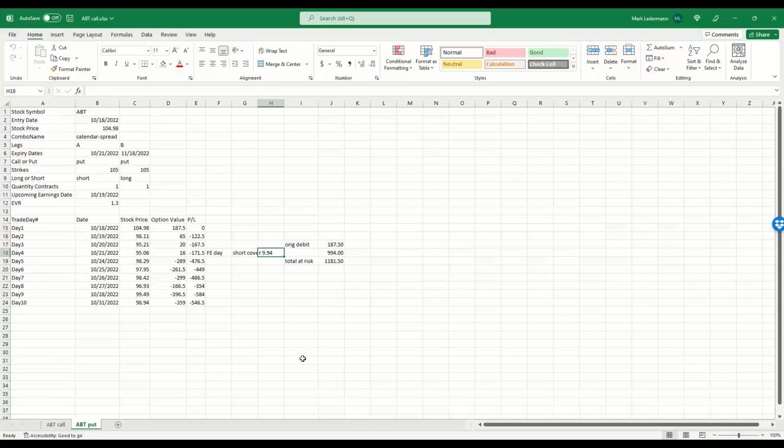If you want to continue trading and keep your longs and not get exercised against, right? If you don't want that stock put to you because you were short a put, you would need to cover your shorts, okay? And that would cost you $994, bringing your total risk in this trade up to 1181.